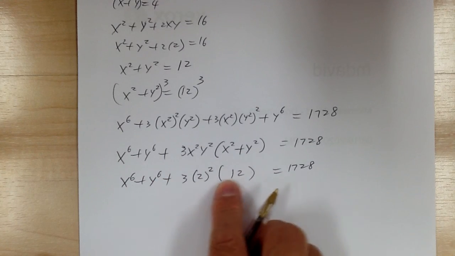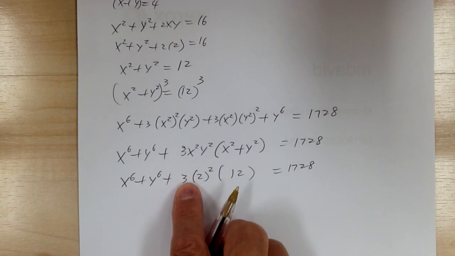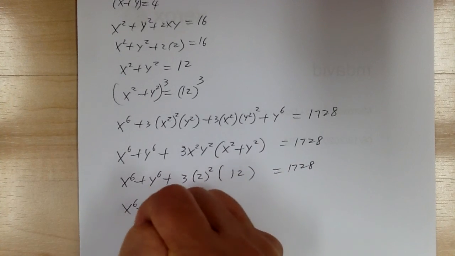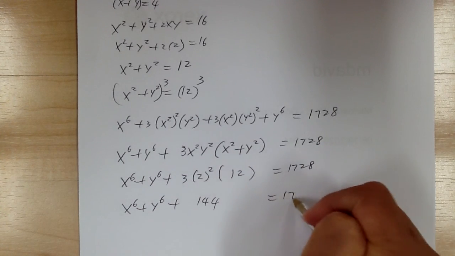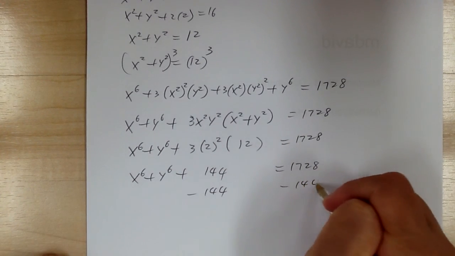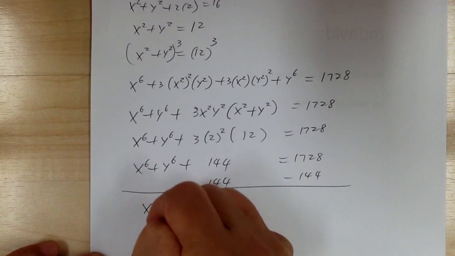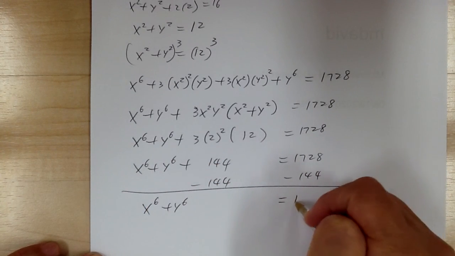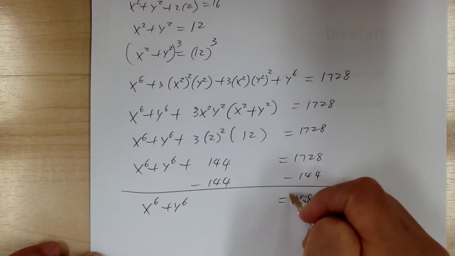And this one, if you multiply, is 1. So 2 squared is 4 times 3 is 12 times 12 is 144, minus 144. So x to the 6 plus y to the 6 is equal to 1584.